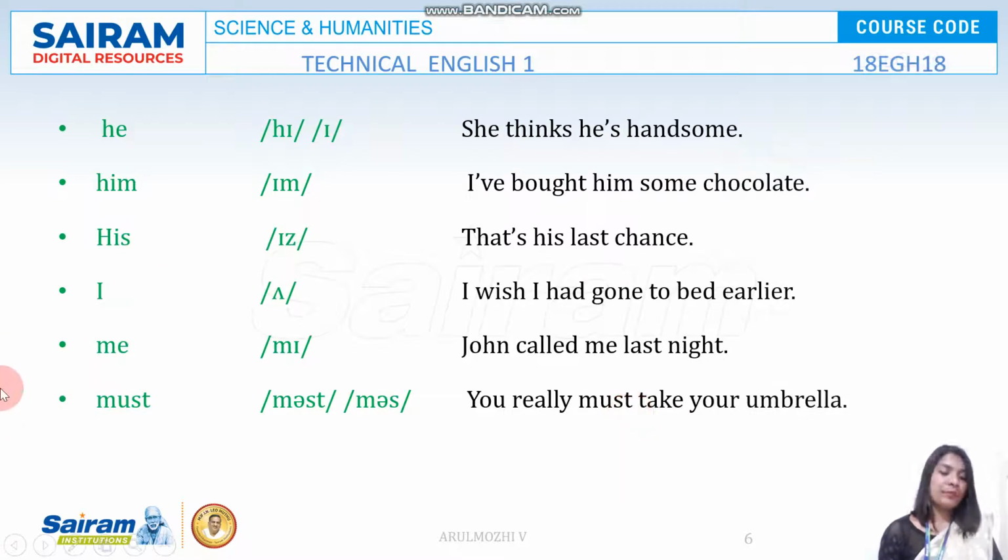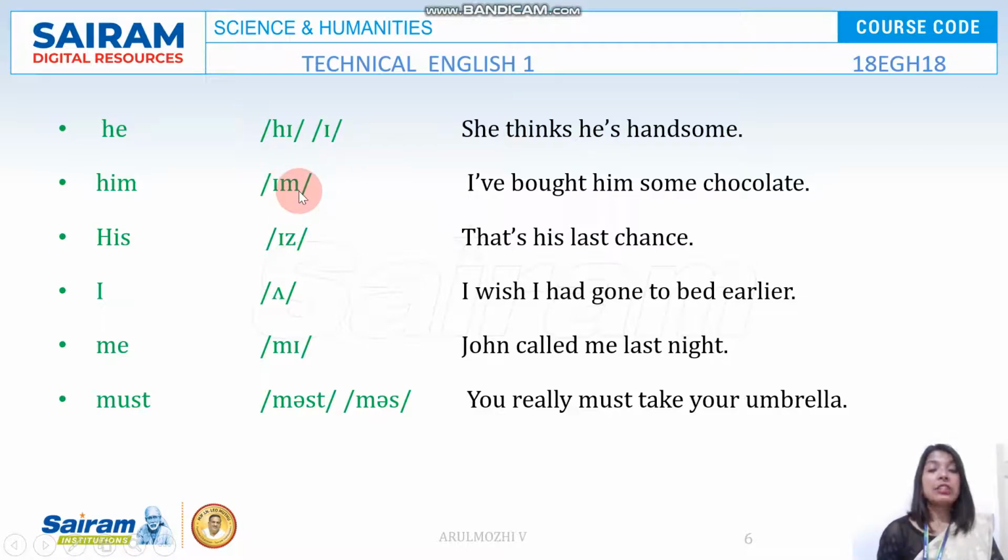Next one. He becomes e or he. For example, she thinks he is handsome. He is. Instead of he, it becomes e. Next one. Him. You don't fully pronounce it as him, you pronounce it as 'im.